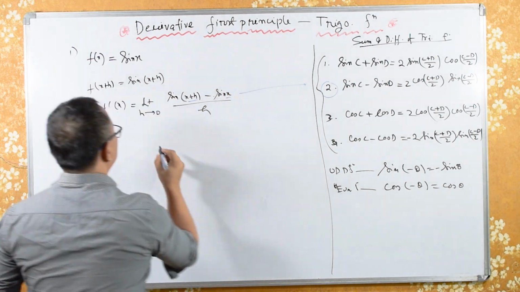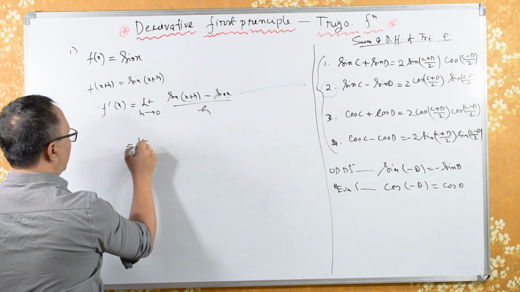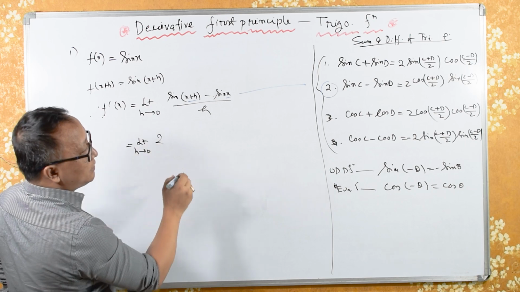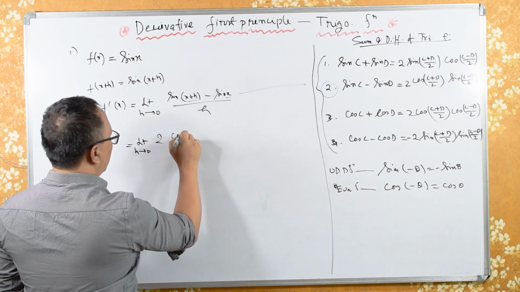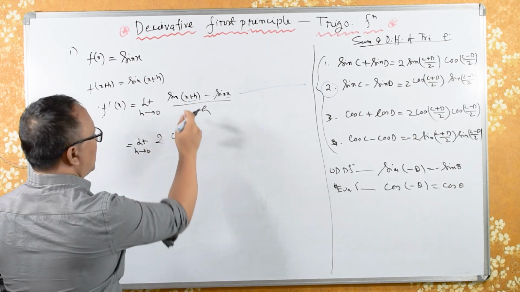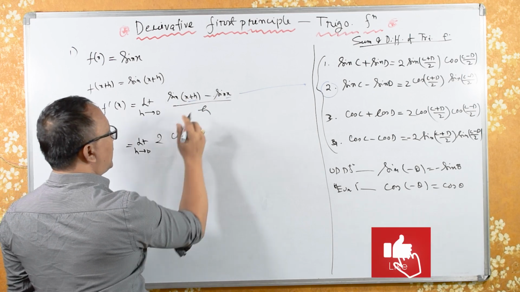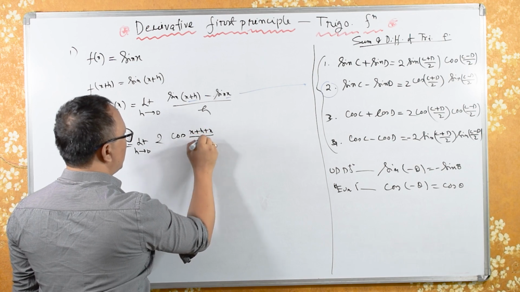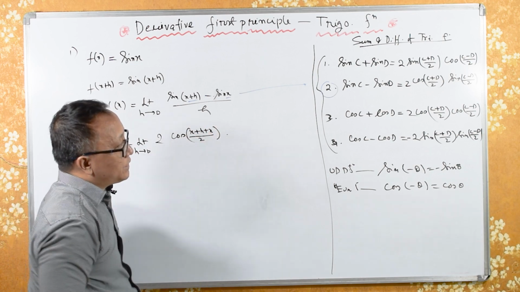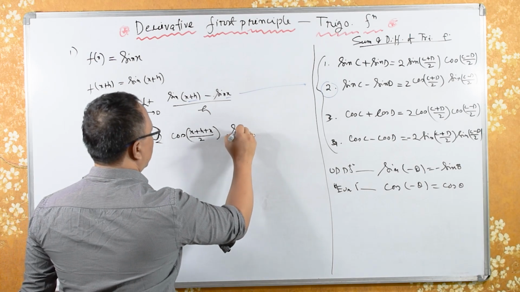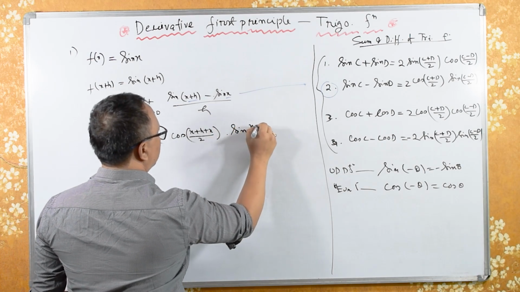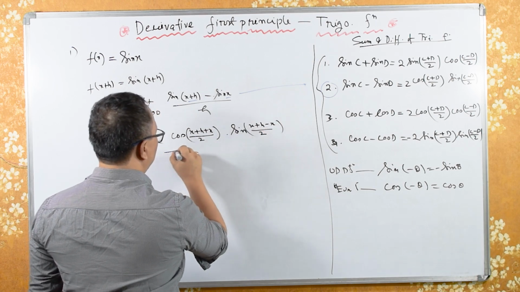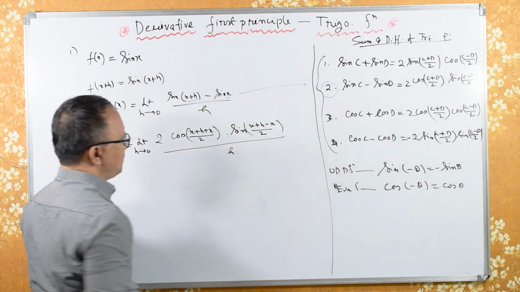By considering this, we have the limit as h tends to 0 of, from the formula, 2 cos((c+d)/2), which is cos((x+h+x)/2), into sin((c-d)/2), which is sin((x+h-x)/2), upon h.